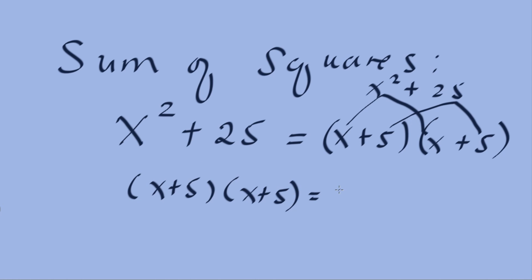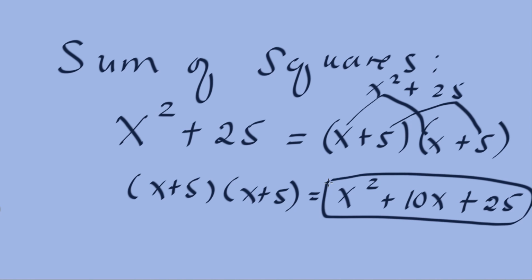Earlier we saw that this is going to equal x squared plus 10x plus 25, and this is not equivalent to x squared plus 25. In other words, x plus 5 and x plus 5 are not the correct factors.